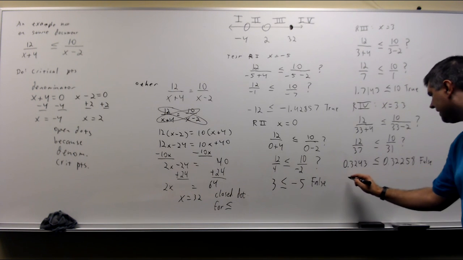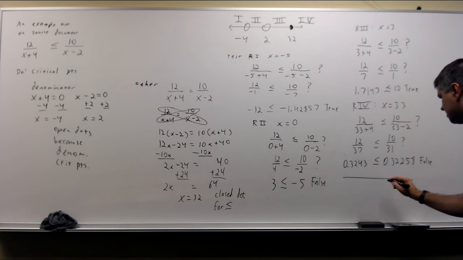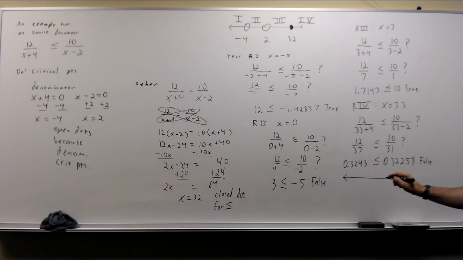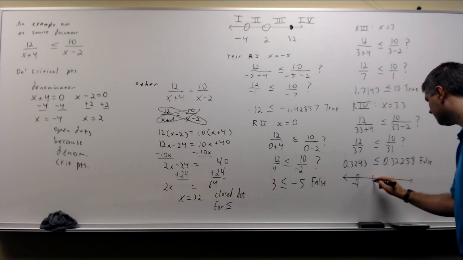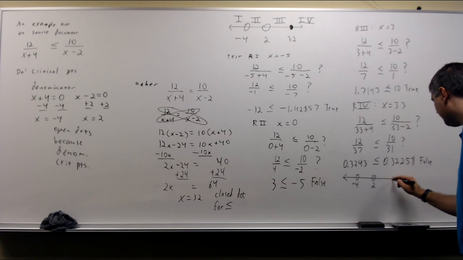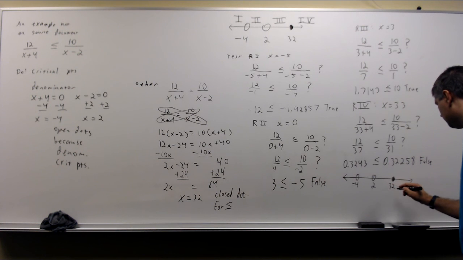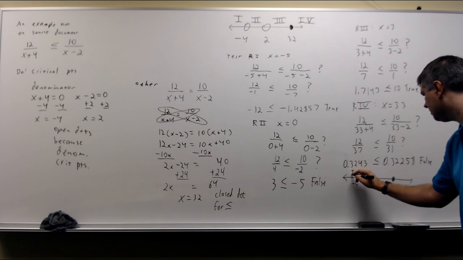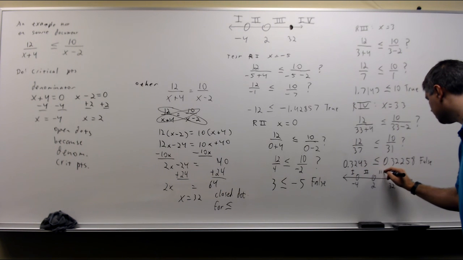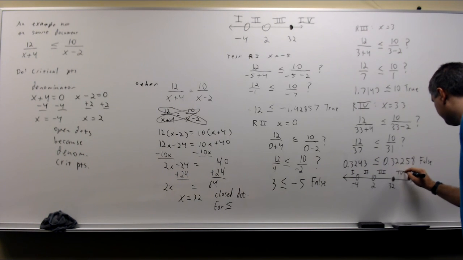So here's what we're looking at in terms of regions that can be shaded. We have negative 4, we have 2, and we have 32. This was region 1, this was region 2, this was region 3, this was region 4.